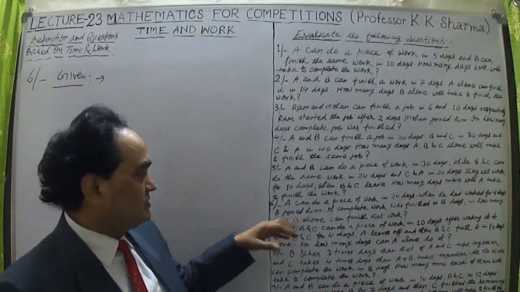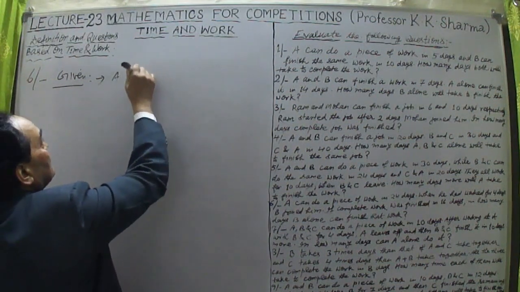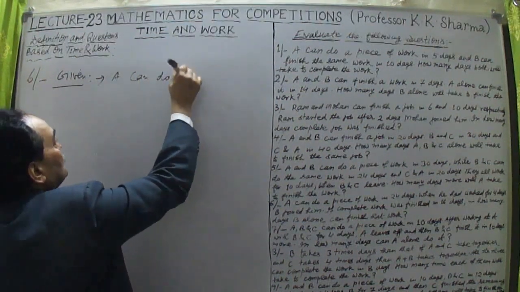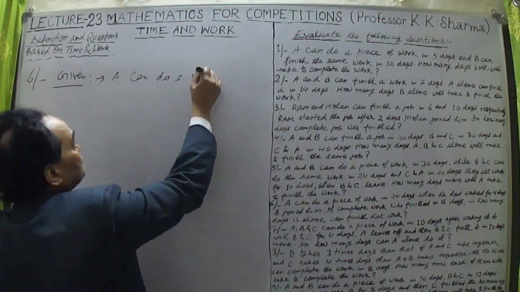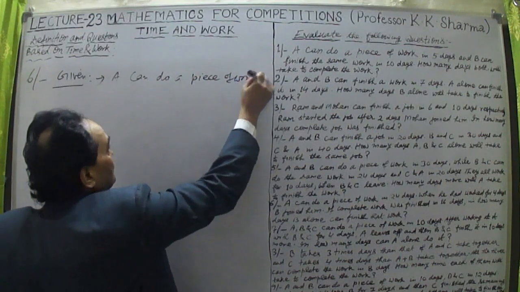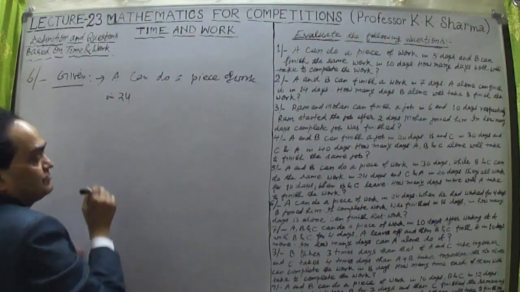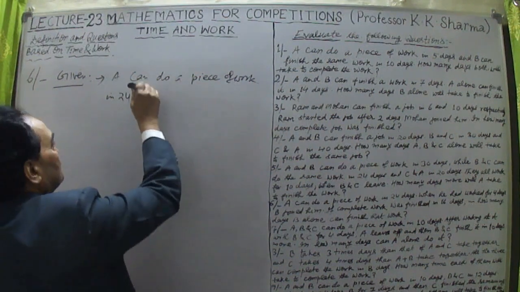So first, A can do a piece of work in 24 days, we are given. Here, in 24 days.